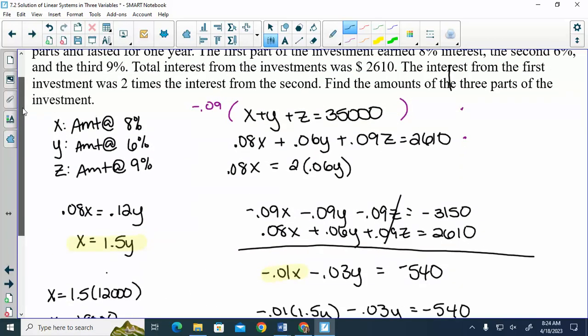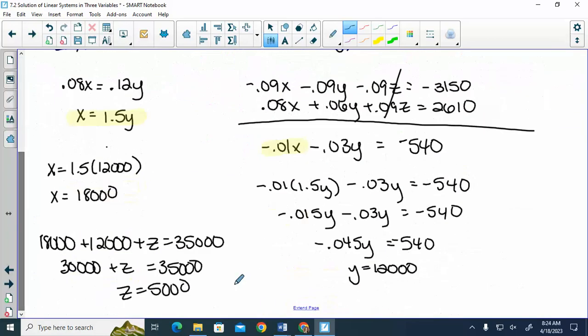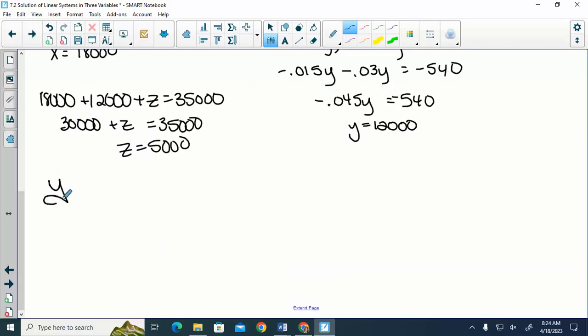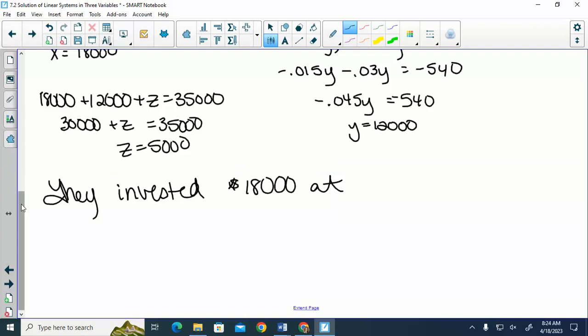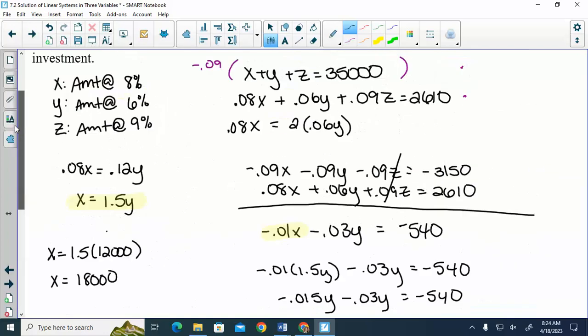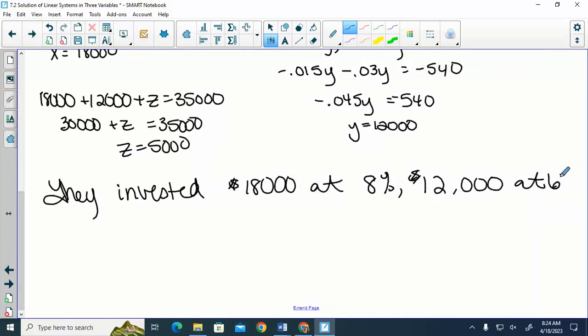So then we had to find the amounts of each part. So they invested X was 18,000 at 8%, $12,000 at 6%, and $5,000 at 9%.